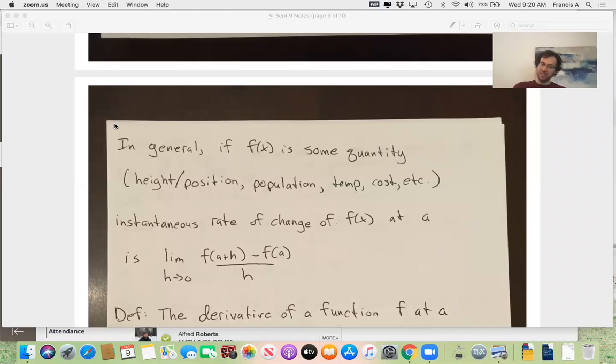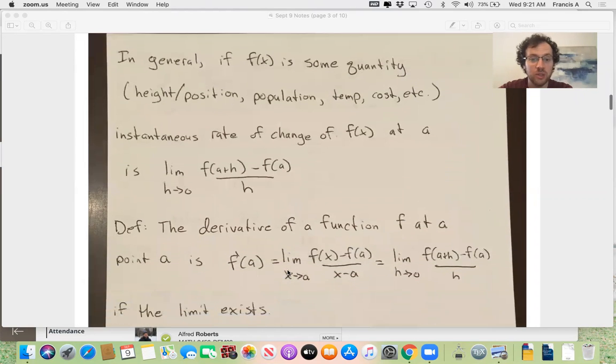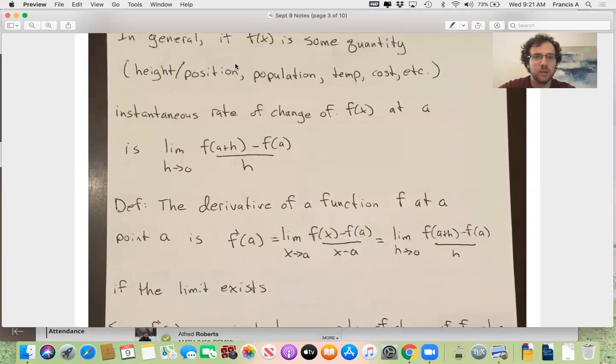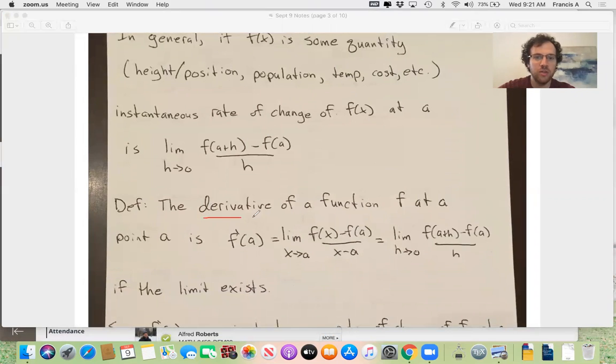So what we need is some better terminology. I've been saying this kind of limit, the limit we've been looking at, and we need a word for that. So the terminology that we'll use is that we'll say the derivative of a function f at a point A is written like this. So it's f with this little kind of apostrophe looking thing.